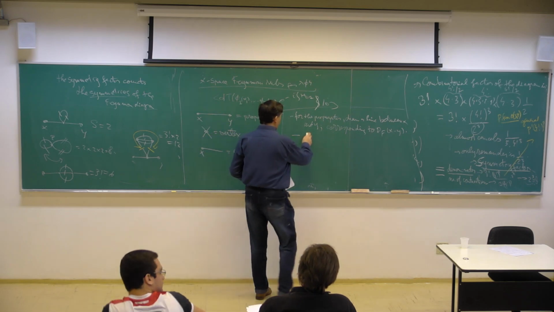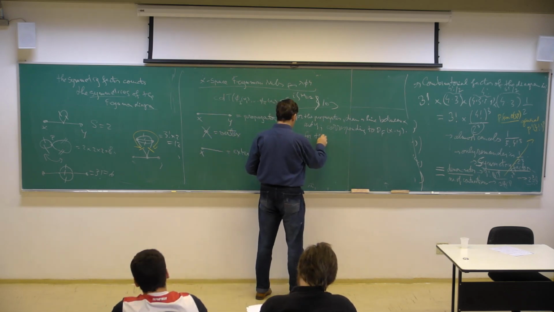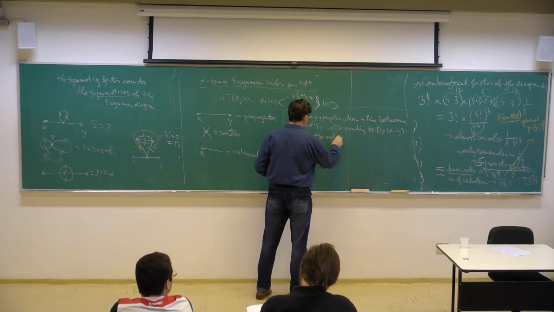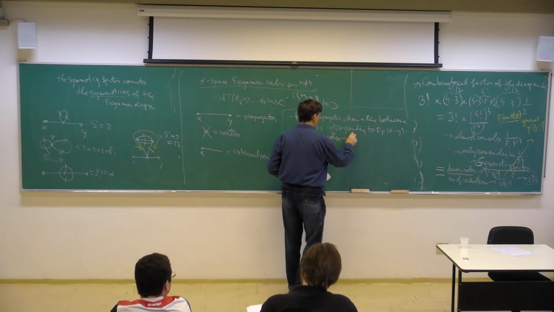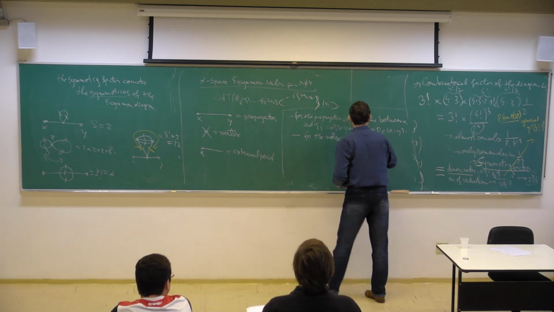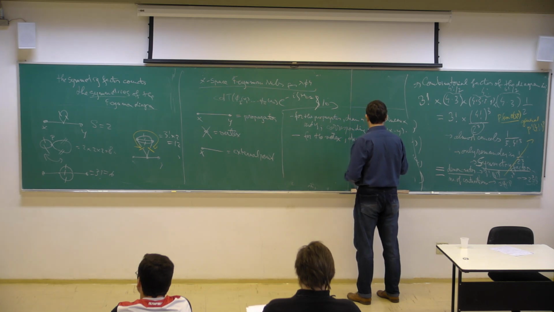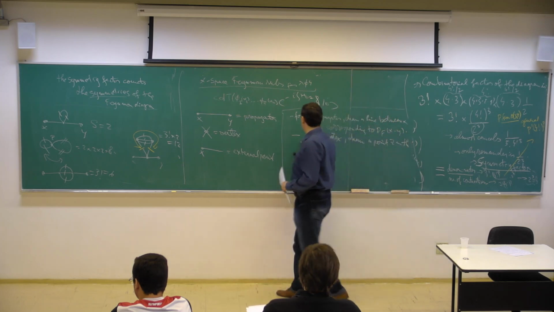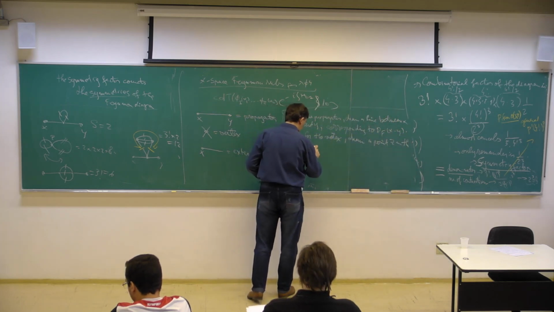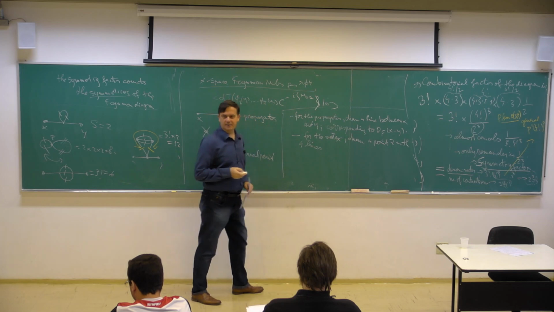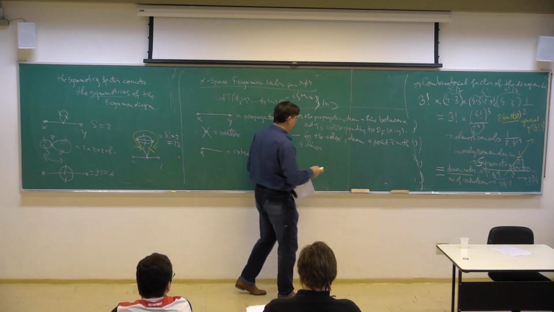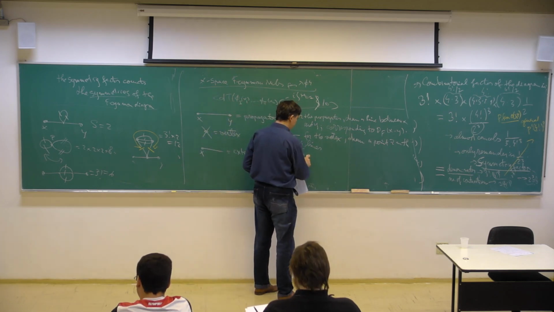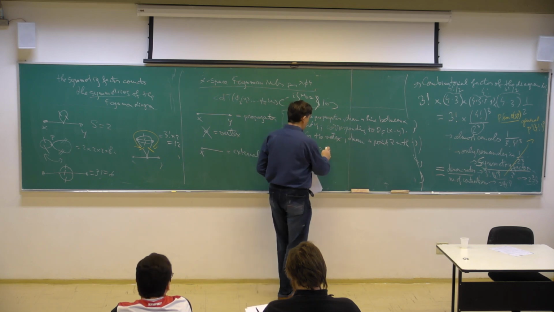Then for the vertex, draw a point z with 4 lines in this case, because we have interaction of phi 4, coming out of it.